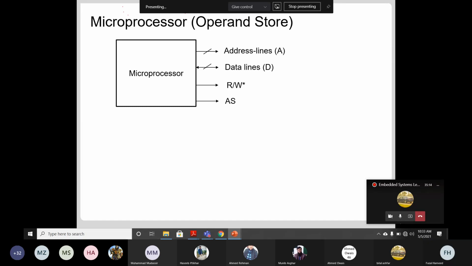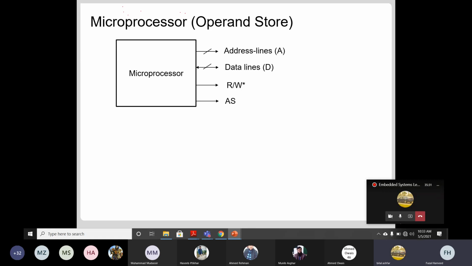Let's assume we want to read some data from a register; do we need a memory operation? No sir. In that case, address strobe will be 0.